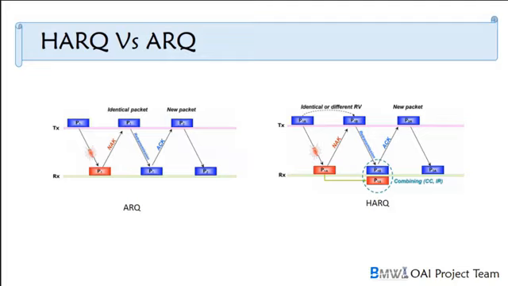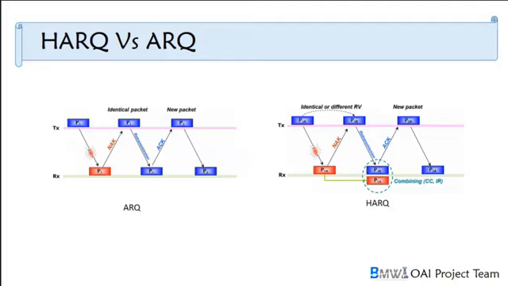Okay, I will explain. Assume that P1 is a picture, and you transmit the picture to the receiver, and your picture is in trouble here.